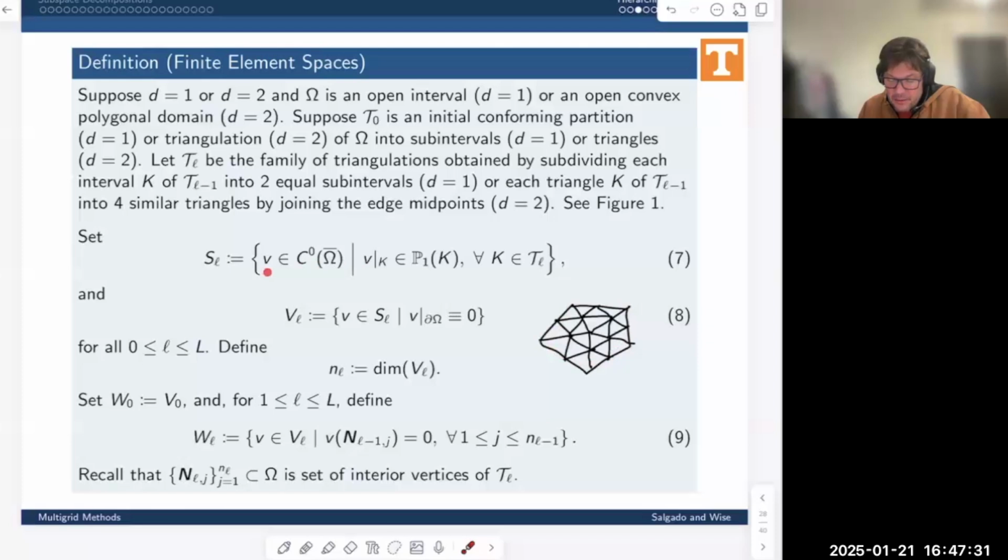Notice that they have to be globally continuous, so there has to be some continuity structure going from one triangle to the next. It has to be piecewise linear on each triangle and globally continuous. I'm not going to supply any boundary conditions with this definition. However, the space V_L is going to be defined with boundary conditions. It's just the collection of all v from S_L that are 0 on the boundary.